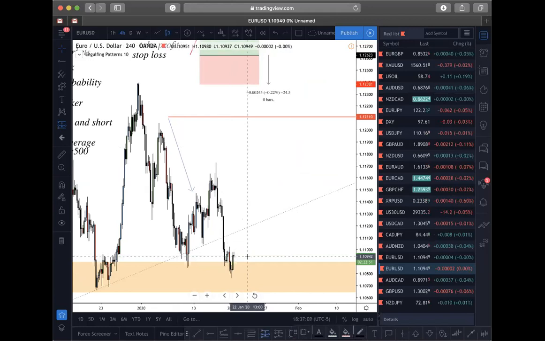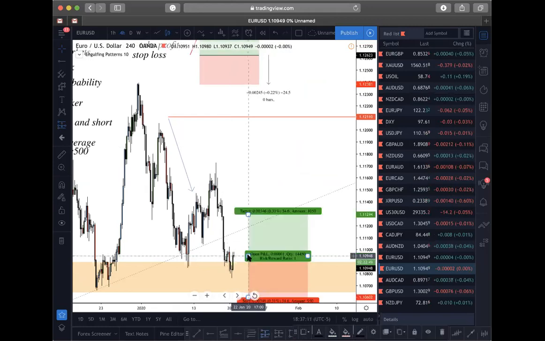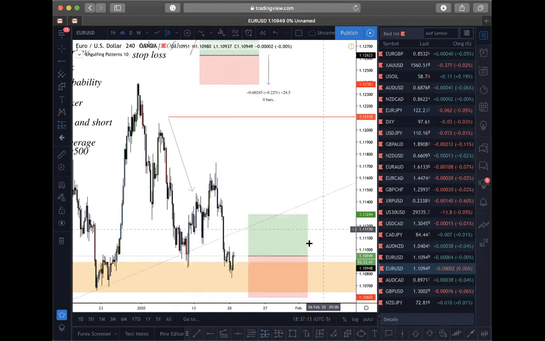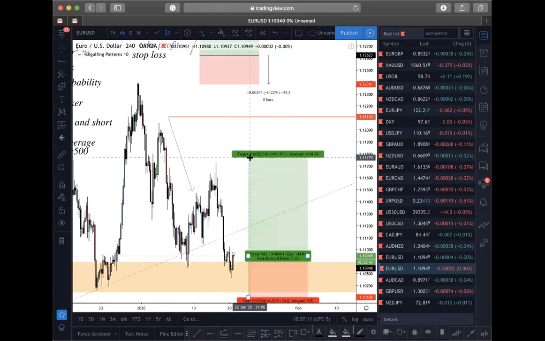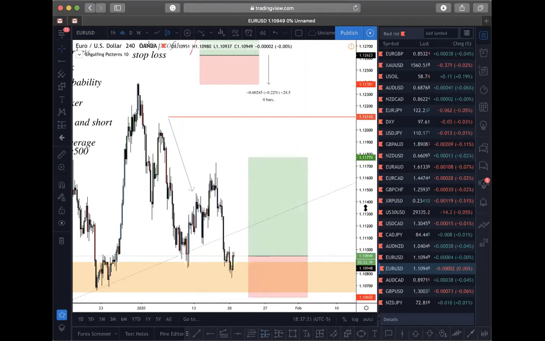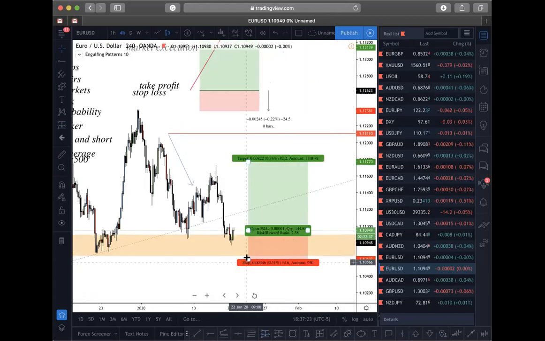So if you enter a trade to go long, to buy, you'll be entering at this exact price, right in the middle where the black line is. You'll have the target, you see the top mark, target, and then you have the stop loss at the bottom here.